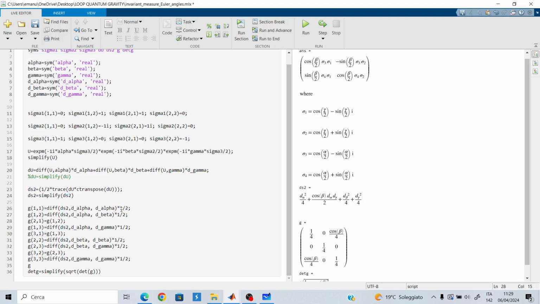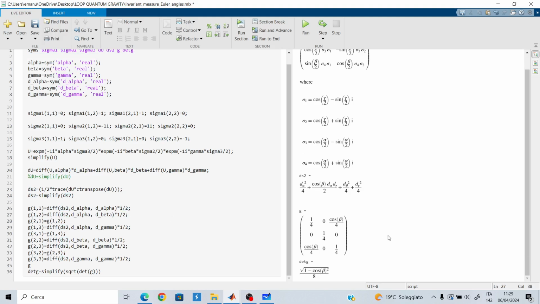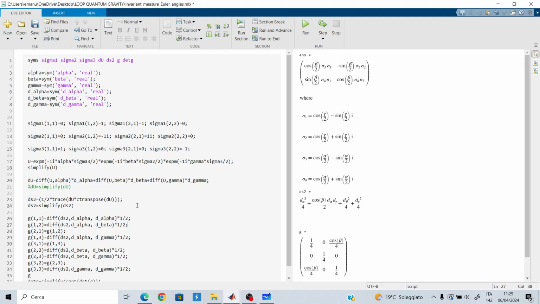These are just some factors that are not too important, because what really matters is the invariant part, and if we multiply the invariant part by whatever constant we want, we still get an invariant quantity. We can multiply the invariant part by whatever number we want. But in general, this is how you can calculate the elements.